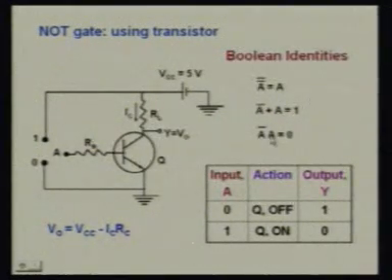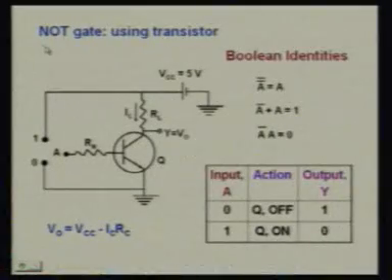So this is all about the basic gates we have so far discussed: the OR gate, AND gate and NOT gate. These are the basic gates, because other gates like the NAND gate, NOR gate, exclusive OR gate and exclusive NOR gate, we can realize by using these basic building blocks.